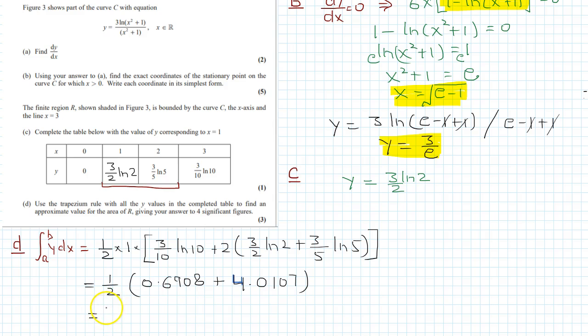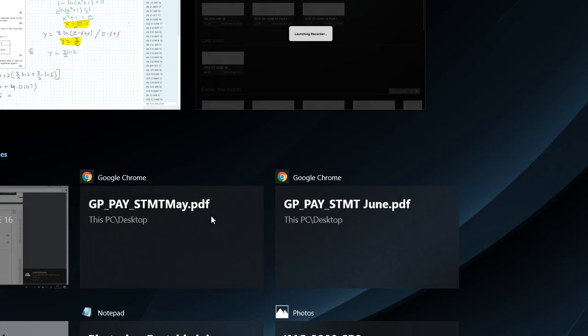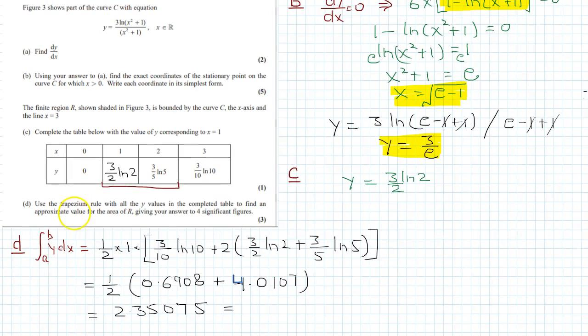So that will be 2.35075. And we have to find 4 SF, so 2.351.